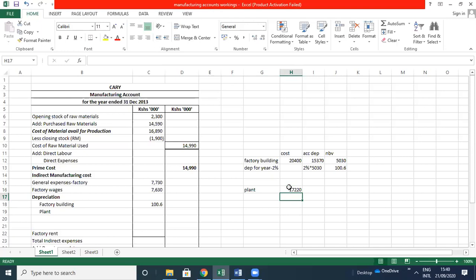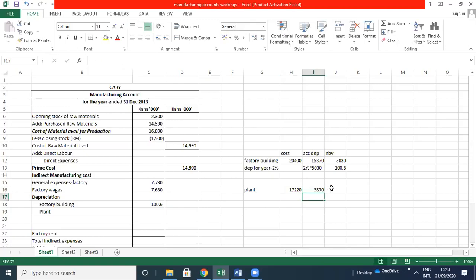Then what else have we been told? Provision as at 1st January 2013: accumulated depreciation is 5870. Can you see that? Why is somebody giving me 1135? Can we move together? The accumulated depreciation of plant was 5870.